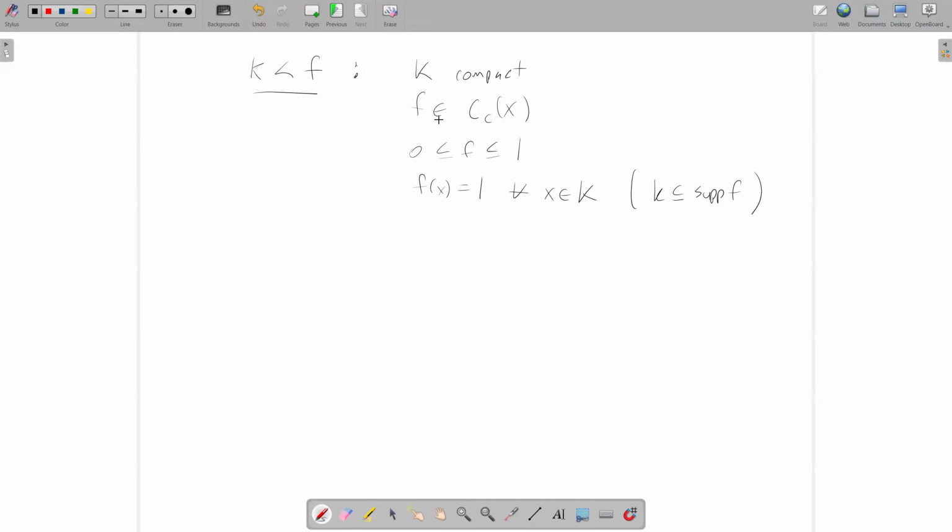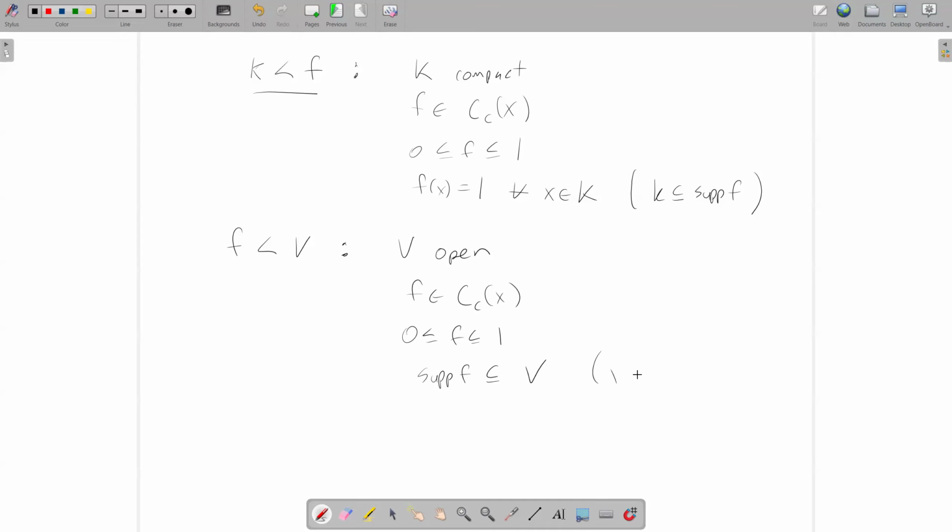K is a compact set. f is a continuous function with compact support. It's between 0 and 1. And f of x is equal to 1 for all x in K. Okay, so the other one we have is f is less than V. So this means that V is open. f is, again, a continuous function with compact support. It's again between 0 and 1. So some of this stuff is in common. And this means the support of f is contained in V. Okay?